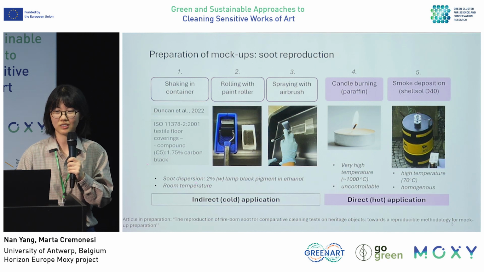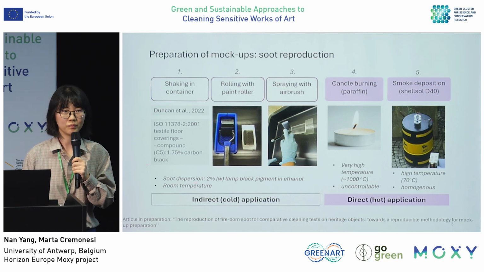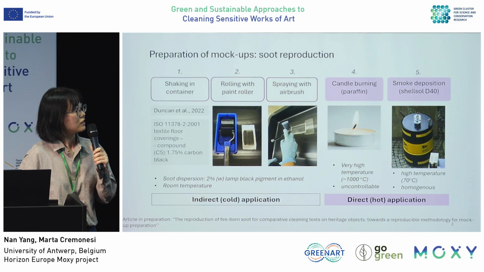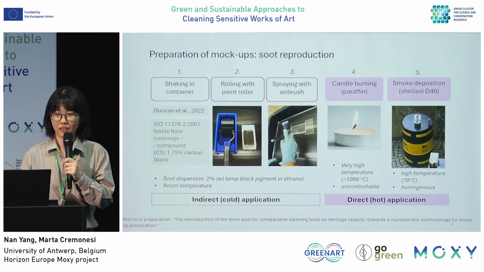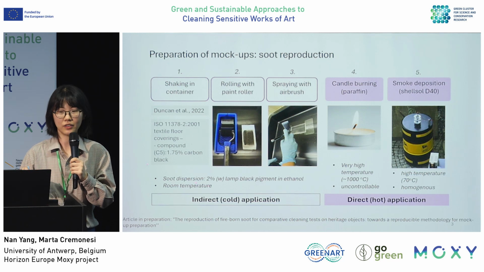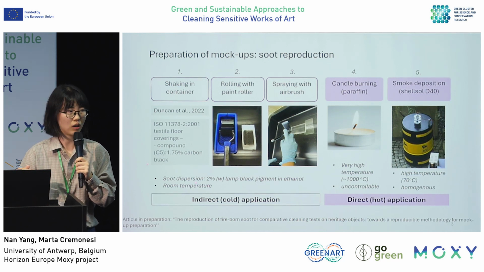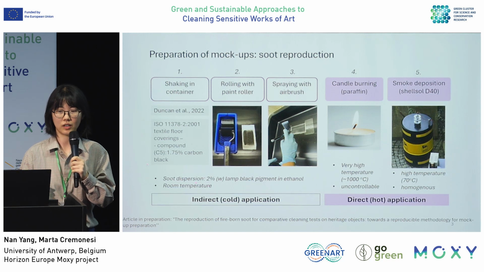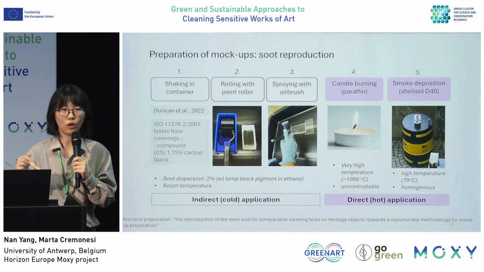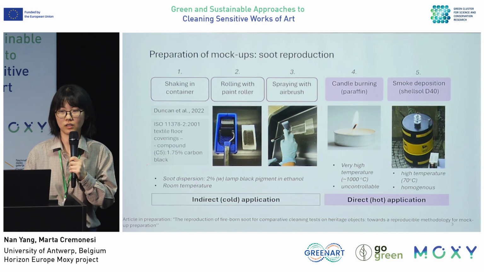So we can't simply use candle burning. So we built a device, a soot drum, which you see here on the right side. The samples are placed on rotating plates, and the plates are put inside the drum. With the combustion of Shell Sol D40 at the bottom of the drum, we can get a homogeneous soot deposition.